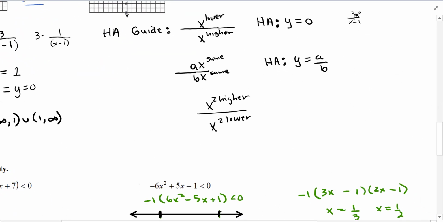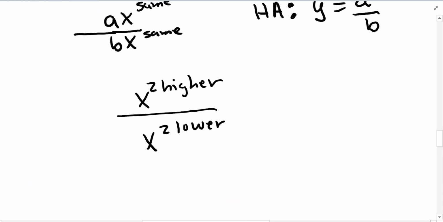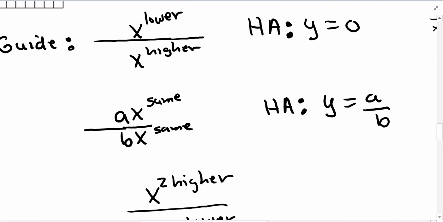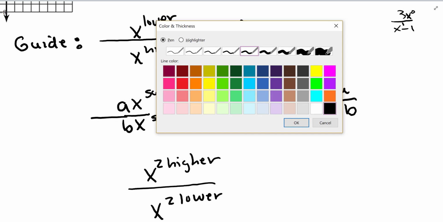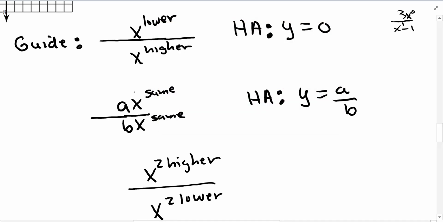All right, and let's see if I did any others. Oh, okay, so I need to finish the horizontal asymptote guide. So notice, if you had a polynomial with the lead exponent in the numerator and the denominator the same, you're going to have a horizontal asymptote at y is equal to the fraction of a divided by b.